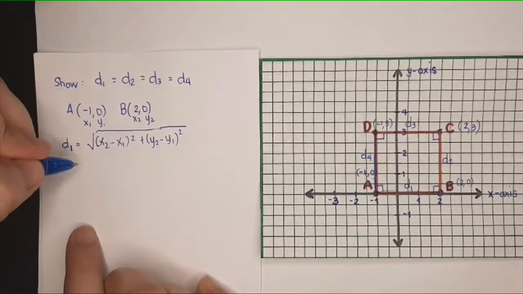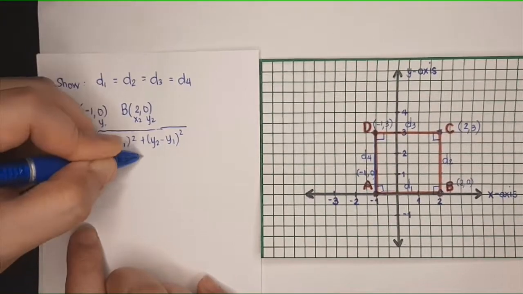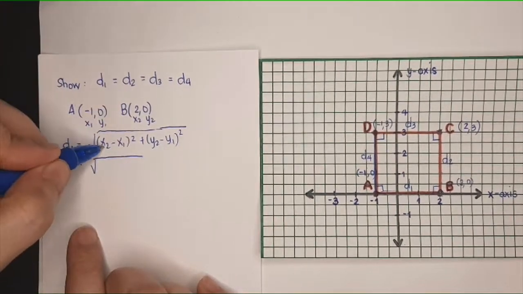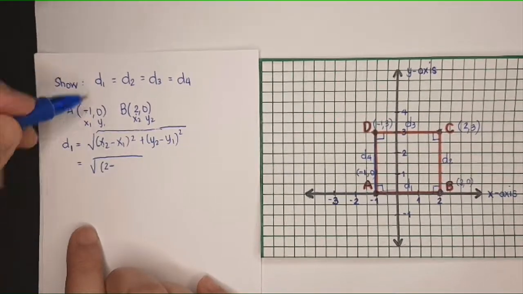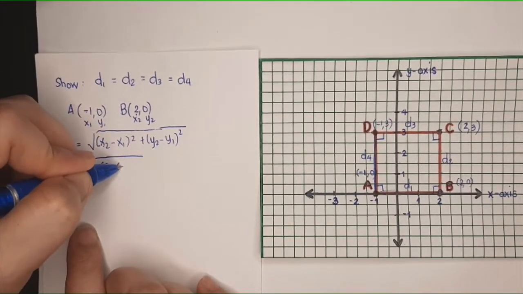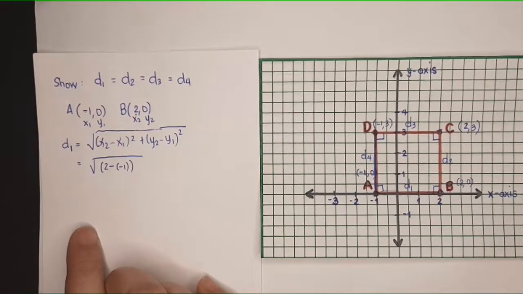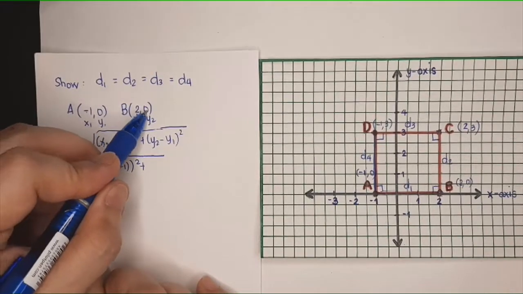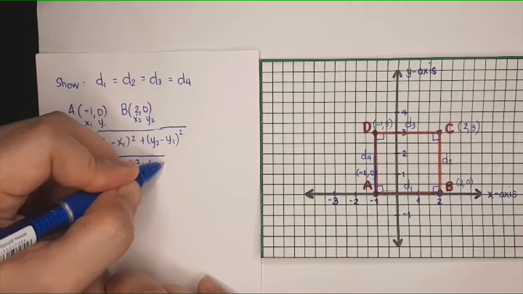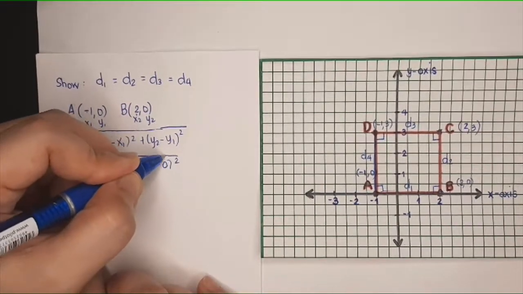Let's substitute. What is x2? 2, right? So 2 minus negative 1, careful with the negative 1, squared, plus 0 minus 0 squared.